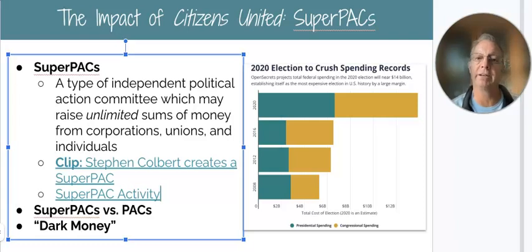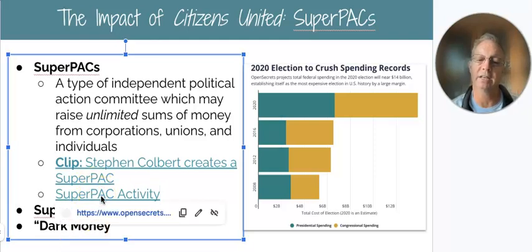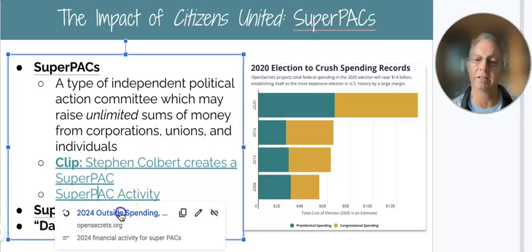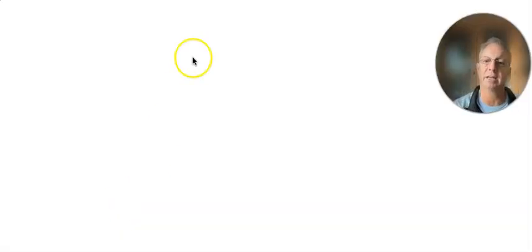So it's a bit of a free-for-all at this point, and that's where this next information comes into play. Let's take a look here at where it says Super PAC activity. If you're following along on your side, you can click on that link here. It says 2024 outside spending. So let's have a peek.